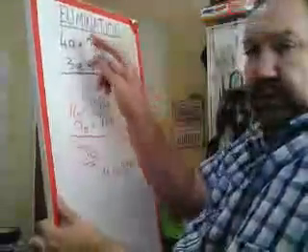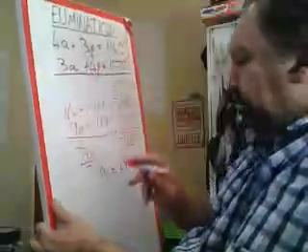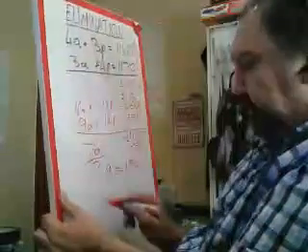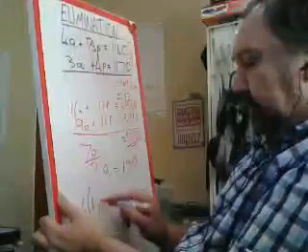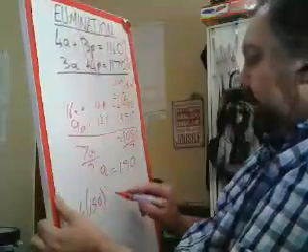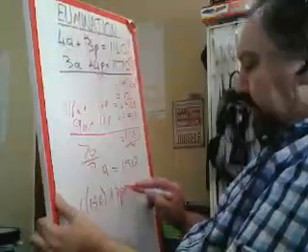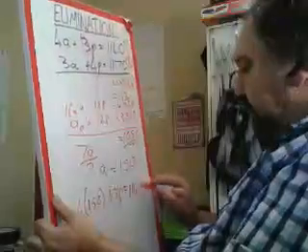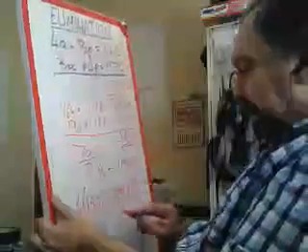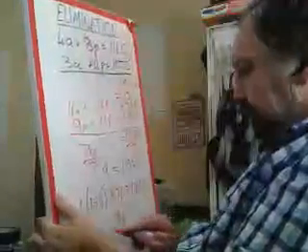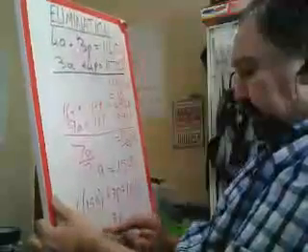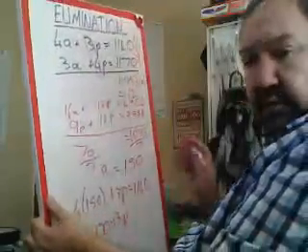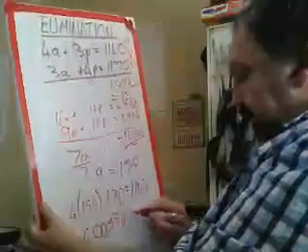I'm going to use the first one because I know what 4 times 150 is. So 4 times 150 plus 3p is equal to 1140. So that gives us 600 plus 3p is equal to 1140.